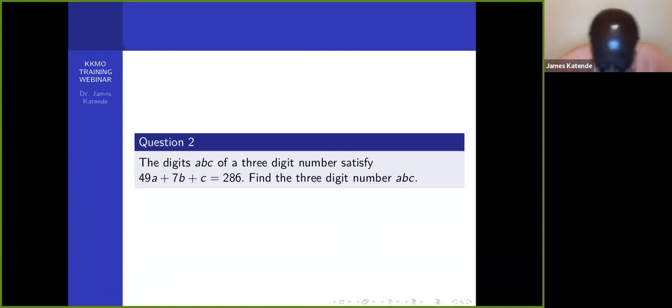So we move on to the second question today. The second question says the digits of a 3-digit number ABC will satisfy this equation: 49A plus 7B plus C is equal to 286. So the challenge here is to find the 3-digit number ABC.